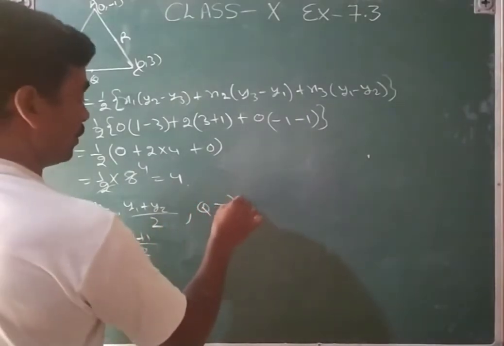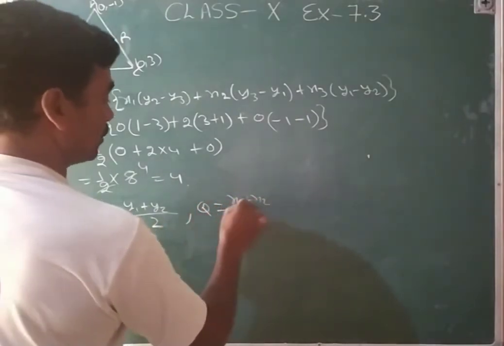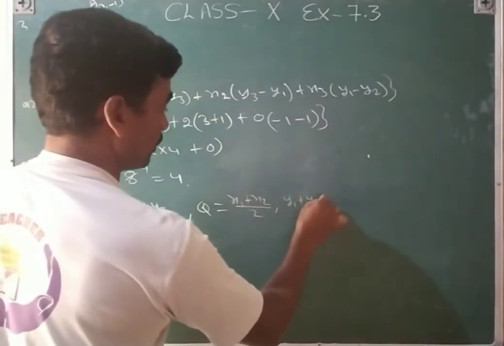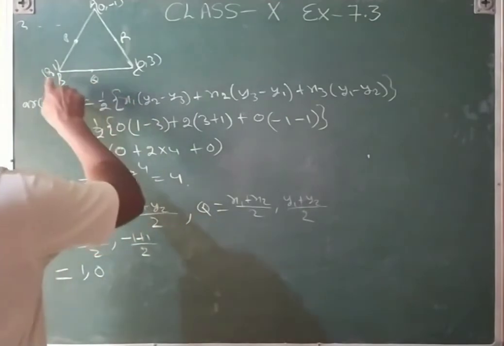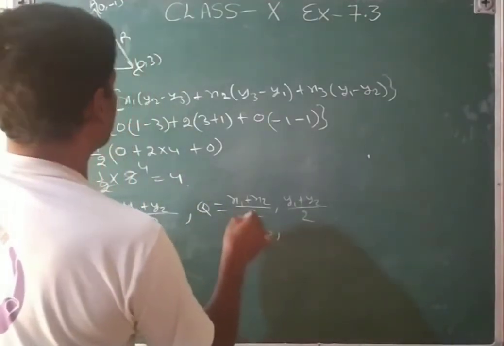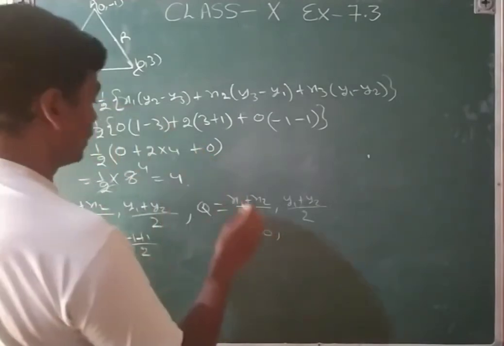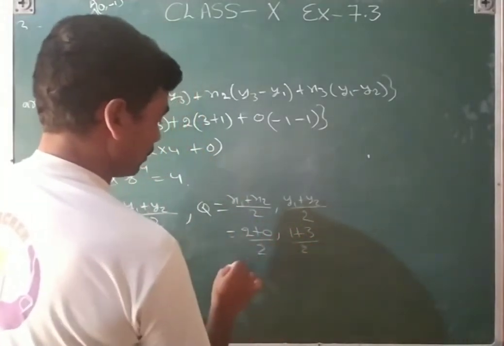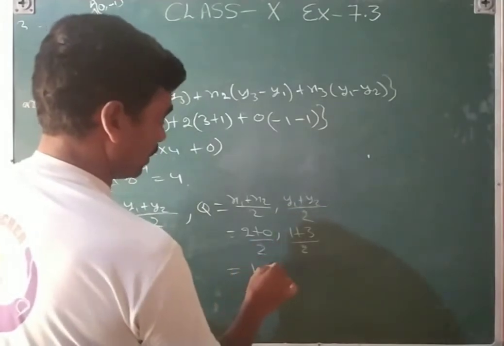Q is equal to x1 plus x2 upon 2, comma, y1 plus y2 upon 2. For Q point, 2 plus 0 upon 2, comma, 1 plus 3 upon 2. By calculation that will be 1 and this will be 2.